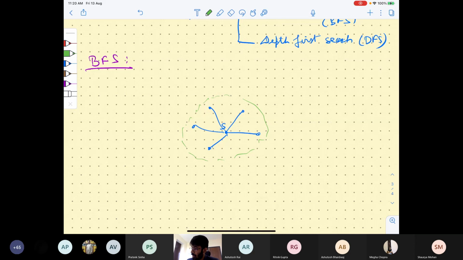Then what happens? We look at their neighbors. So we layer the graph. We go from inside, just one step, then another step. So we look at all their neighbors, which are, of course, not neighbors of S. Maybe this guy does not have any neighbors, maybe this guy has 3 neighbors, this guy has many neighbors, okay? So now we got another level.